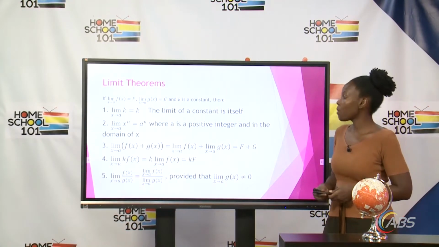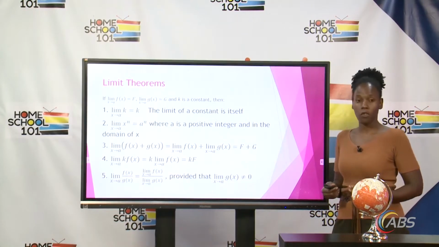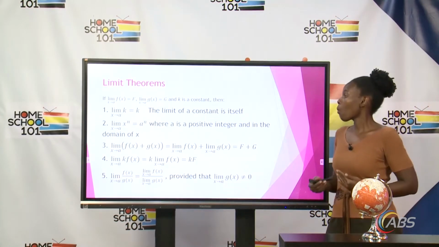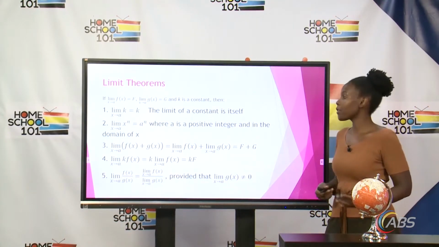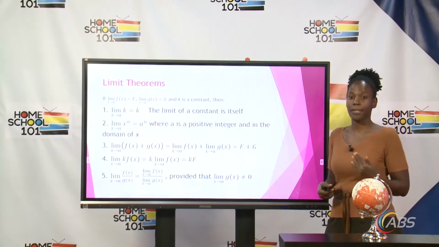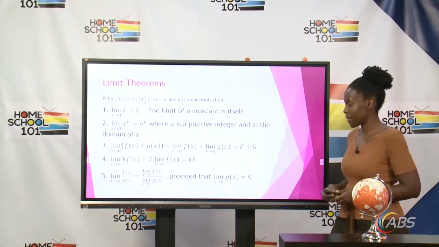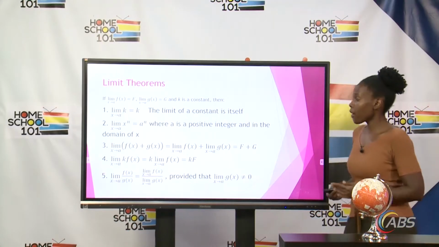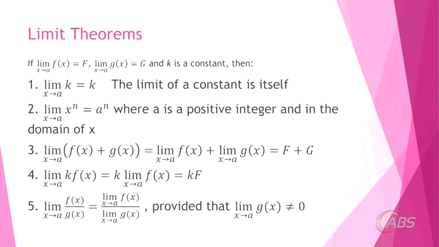The second one, once we have the limit of a function x to a power, what we simply need to do is to substitute a for x into the function and evaluate. The third theorem states that once we're finding the limit of 2 terms, we can evaluate each term individually, and then take the sum.